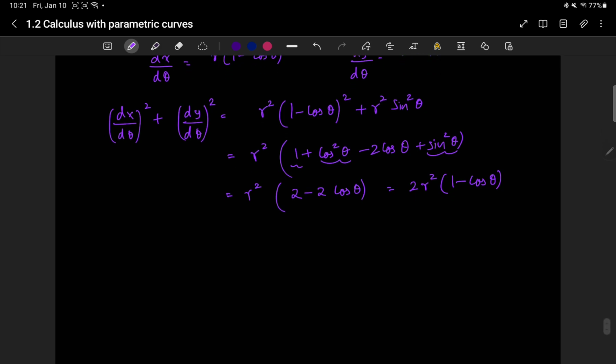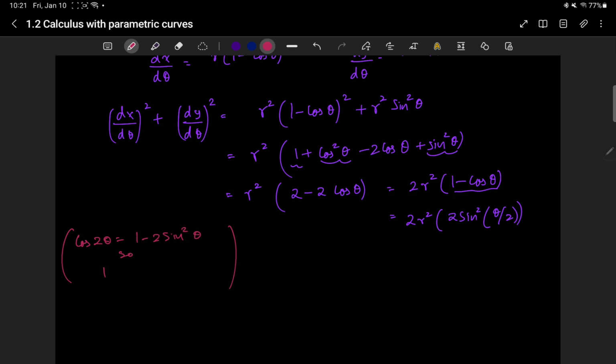So let's go back to our integral. I can further write 1 minus cosine theta as 2 sine squared theta over 2. What is that from? That's from cosine 2 theta is 1 minus 2 sine squared theta. Right?